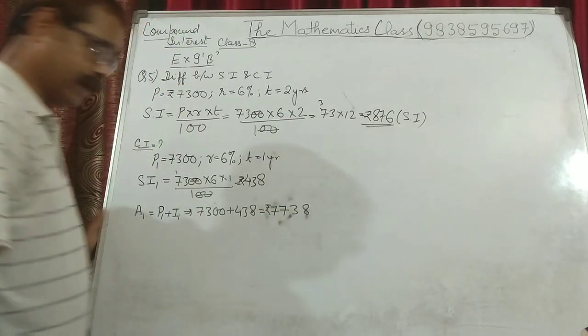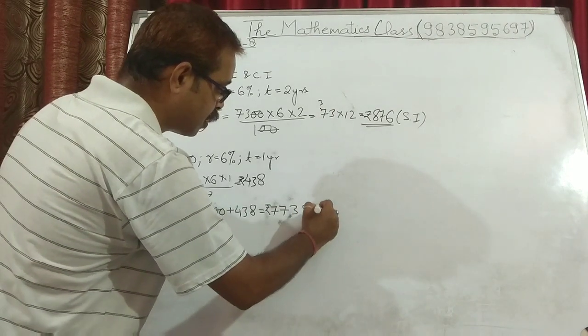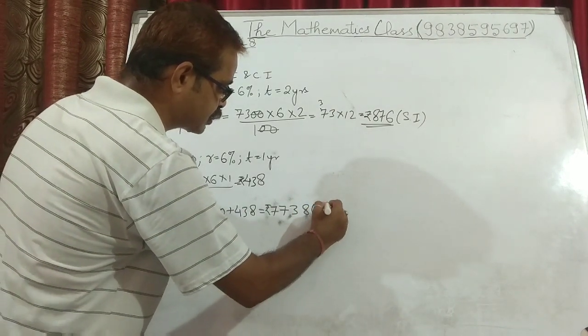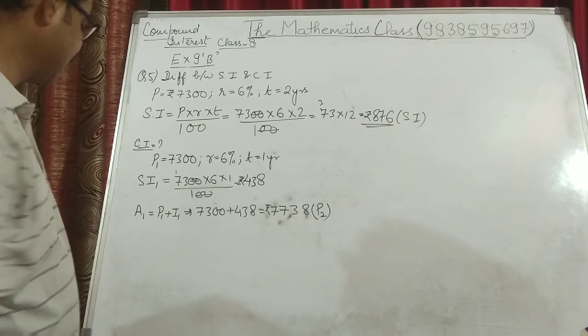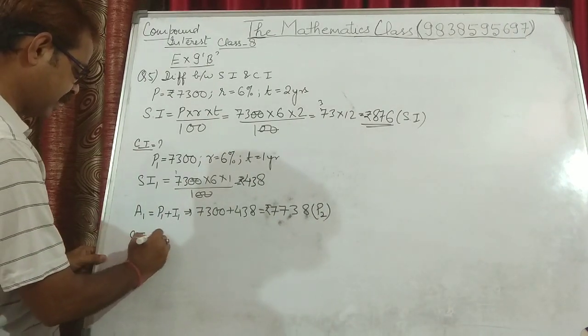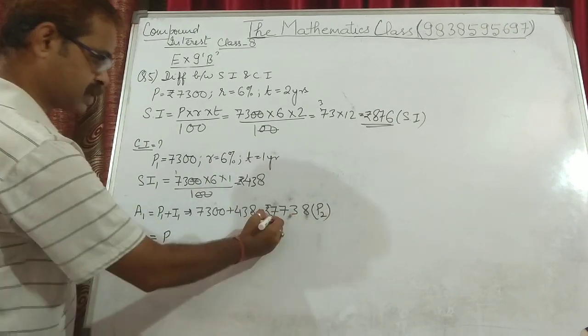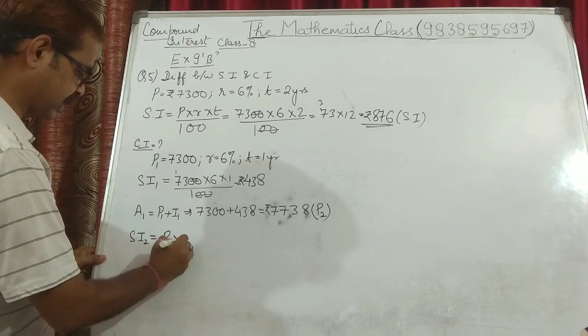This is the amount after first year and this will automatically become principal for the second year. So we will calculate the simple interest for second year, in which we will take this principal 7738 as principal for the second year.